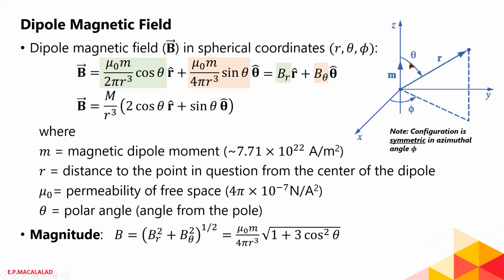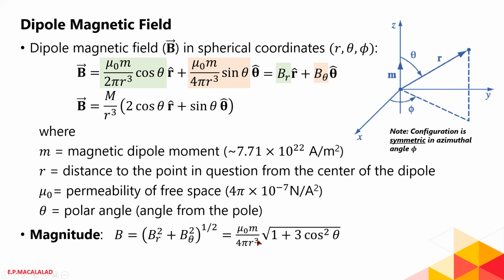For the equator, this angle is 90 degrees. So that means cosine 90 is 0, right? So at the equator, the magnitude of the magnetic field can be estimated as mu naught m divided by 4 pi r cubed.